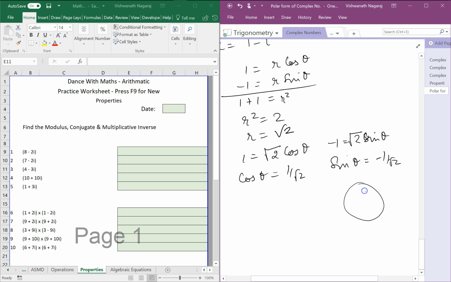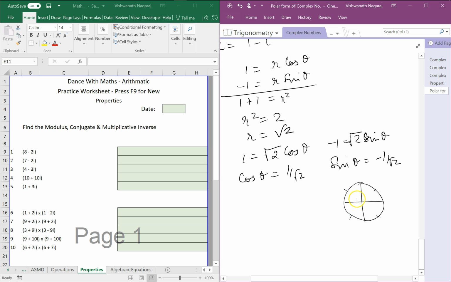We know the unit circle: when sin θ and cos θ have the same absolute values, it is 45 degrees. So it will be here, here, here or here. Now we have to figure out the sign. When is sin θ negative?